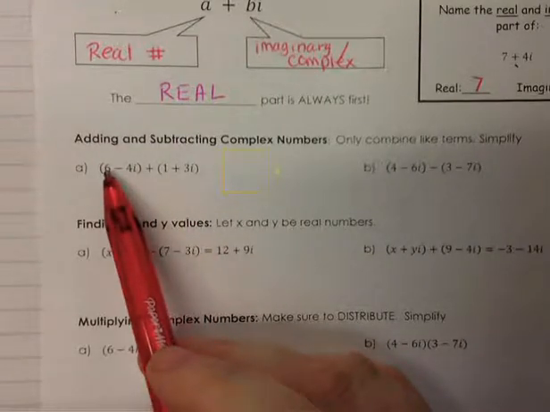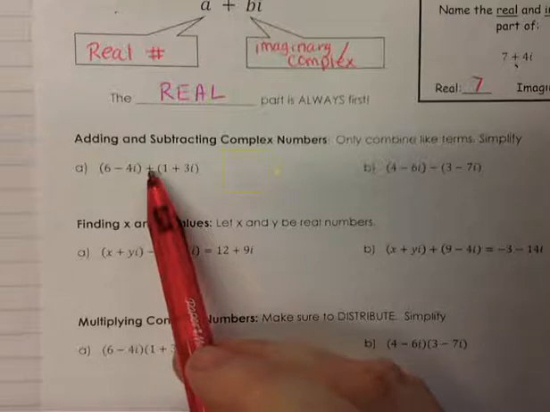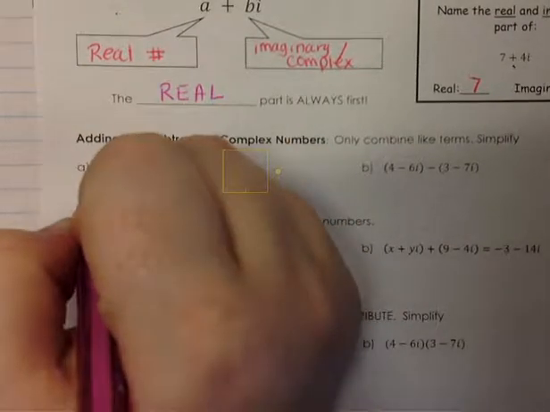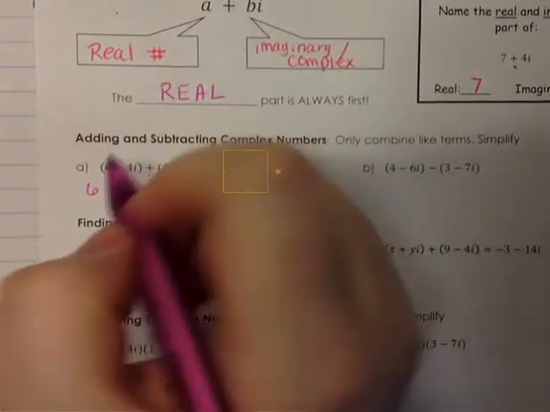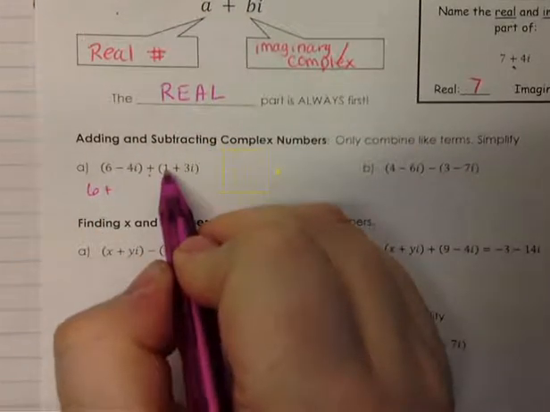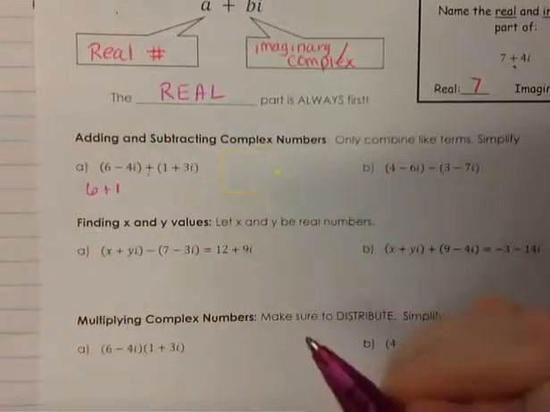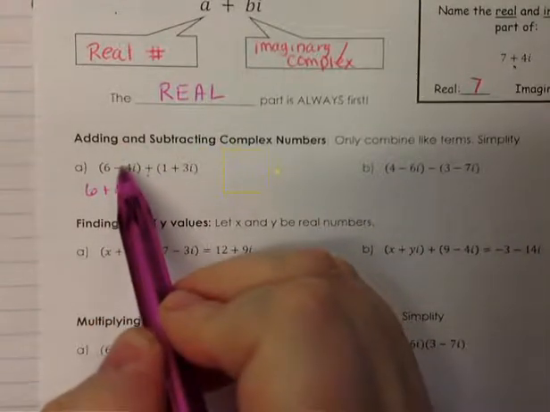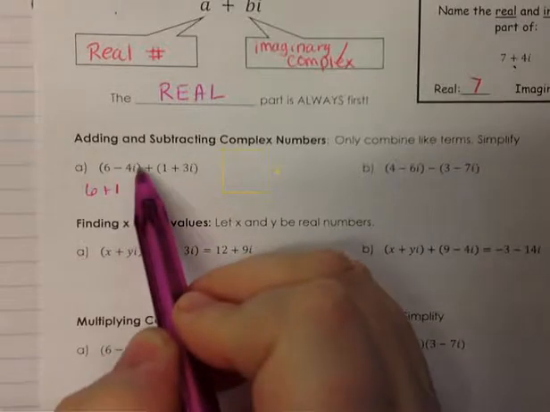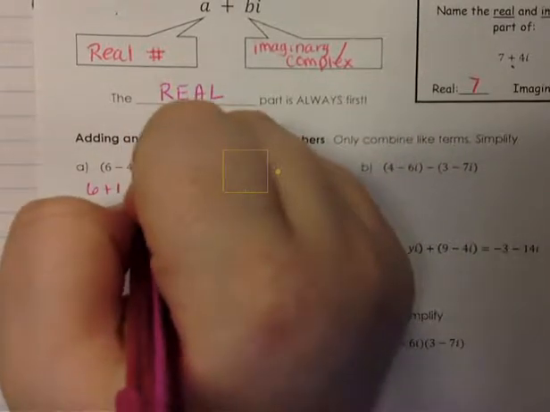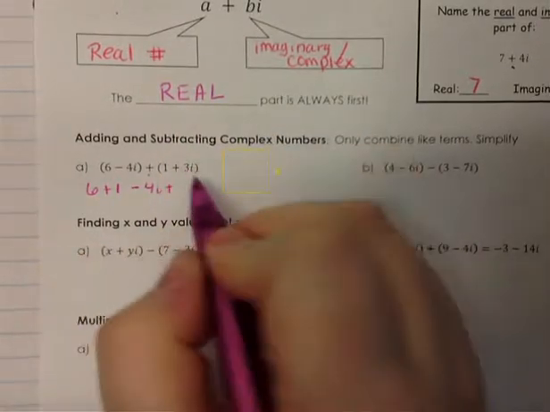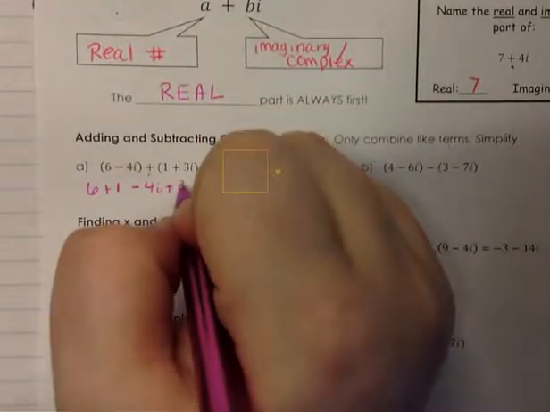Your 6 would go with your 1. So this would become 6 is a real number plus your 1 is your real number. Then we've got to do our imaginary part, the complex part. We have a -4i plus a +3i.